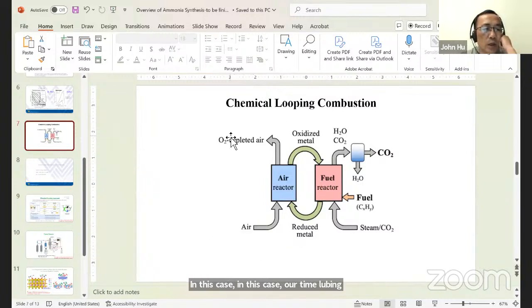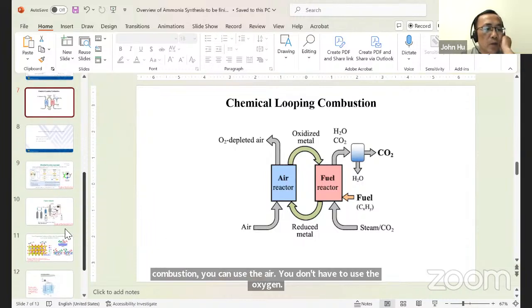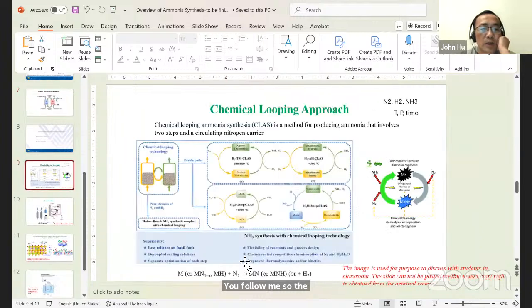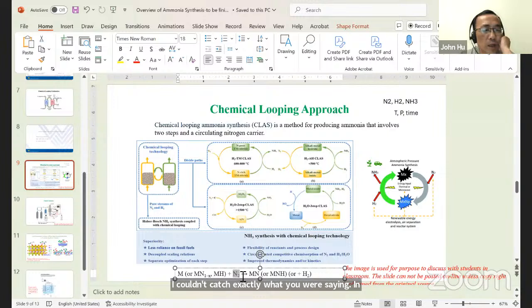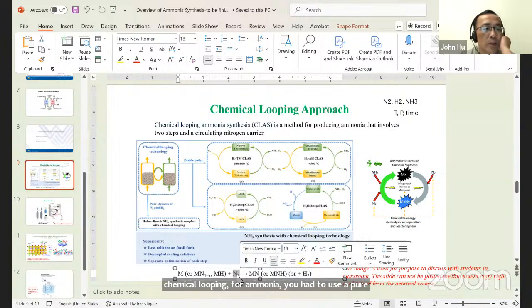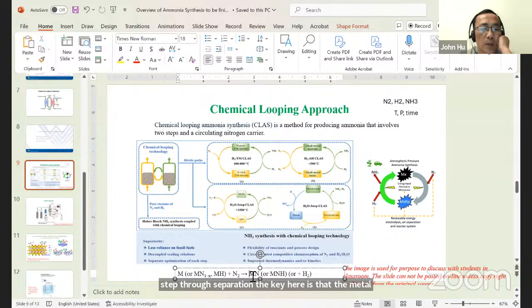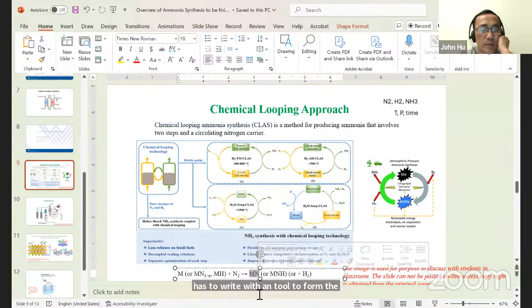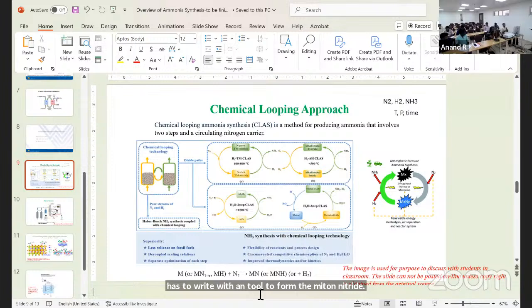You don't have to use pure oxygen. You follow me? In chemical looping for ammonia, you have to use pure N2. There is no air in here, so you have to do separation. The key here is that the metal has to react with the N2 to form the metal nitride. You follow me?